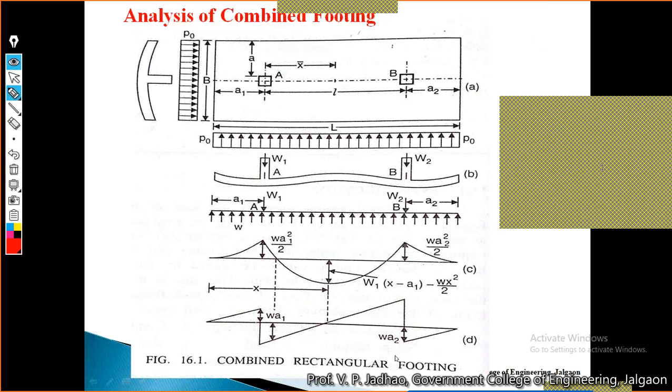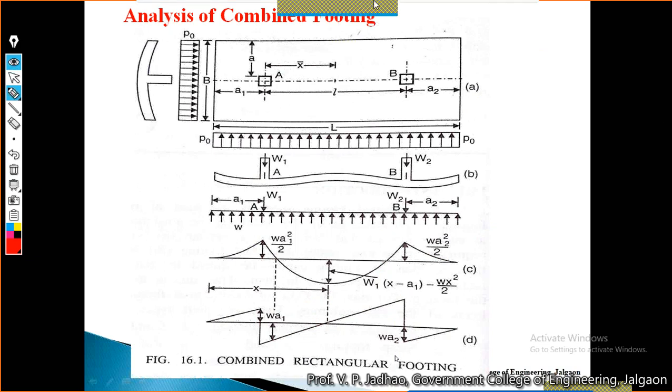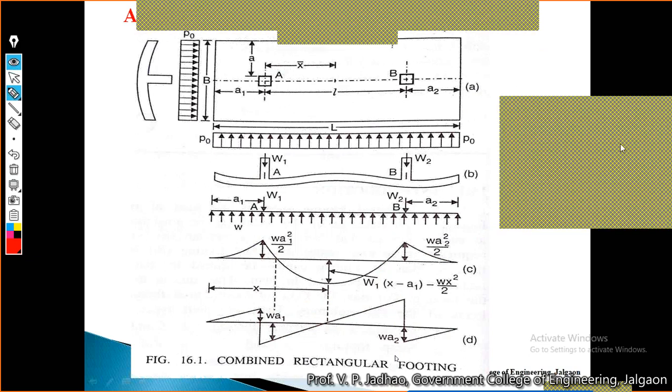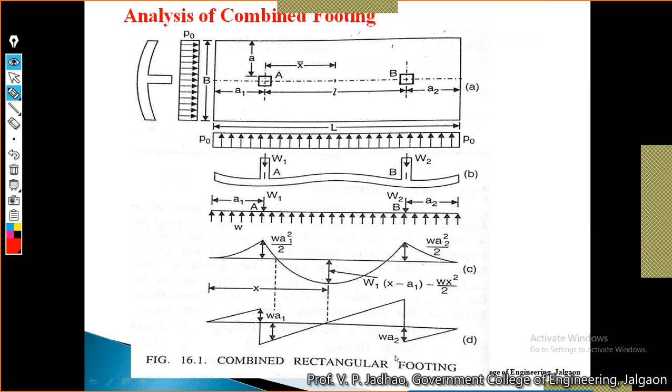Some patches are there on the screen. Okay. Now, are there some patches on the screen? Okay, Ashish Avtade is asking about some patch. Yes. Where, at the top or at the right portion?